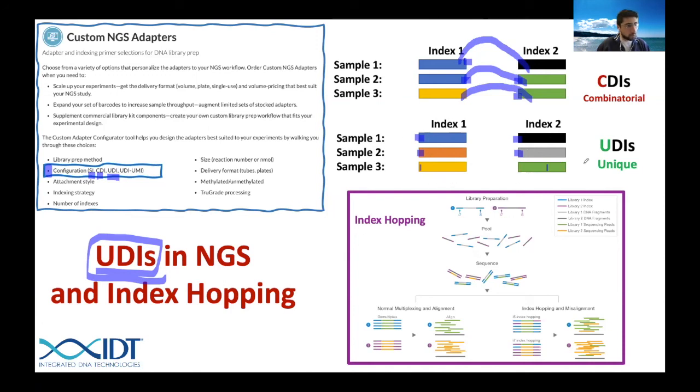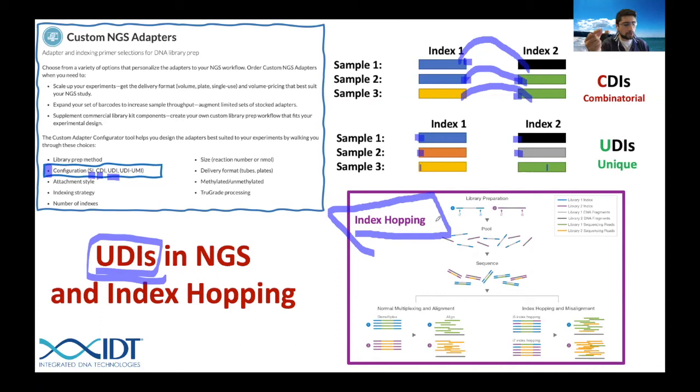Why is this important? We mentioned briefly yesterday this problem of index hopping. This is actually very, very important, especially if you're sequencing with the new sequencing machines, the HiSeq 4000 or the NovaSeq, because they have this so-called patterned flow cell, and the patterned flow cell is basically amenable to this type of problem.